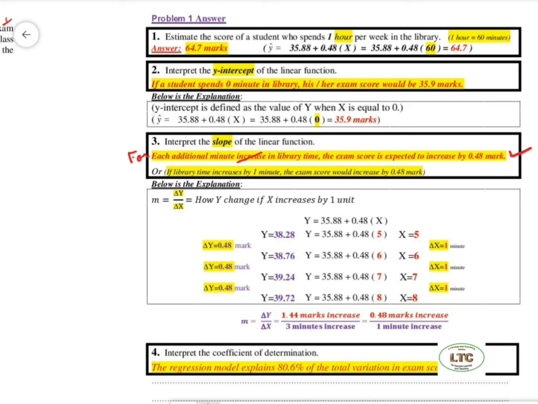Additional already means increase, so you don't need to say increase twice. These two are important because they are interpretations. You must write carefully.